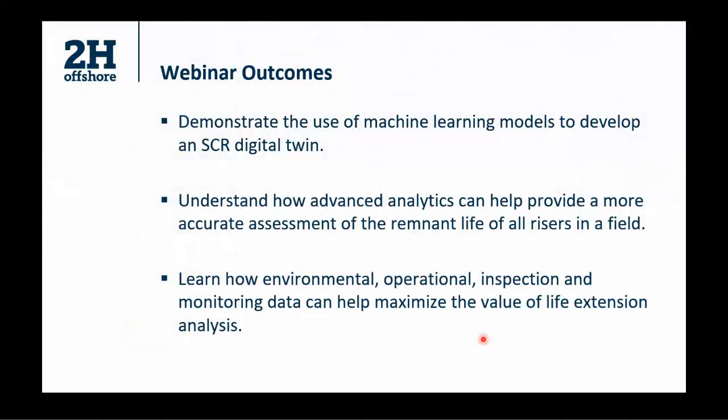Today's presentation is on SCR Digital Twin. Through this presentation, we will describe an SCR Digital Twin that is developed using machine learning models. A second learning objective is to gain a better understanding of how advanced analytics, including machine learning, can provide a high-fidelity load, stress, and fatigue tracker.